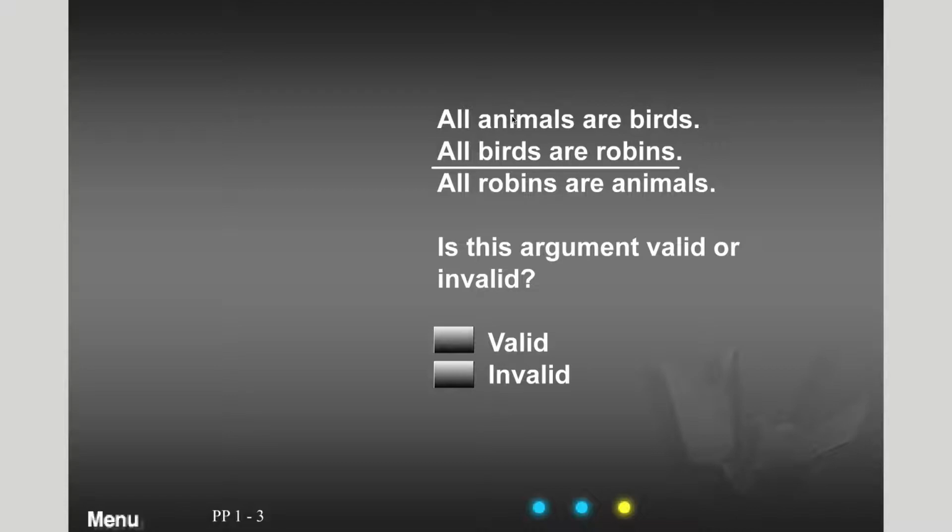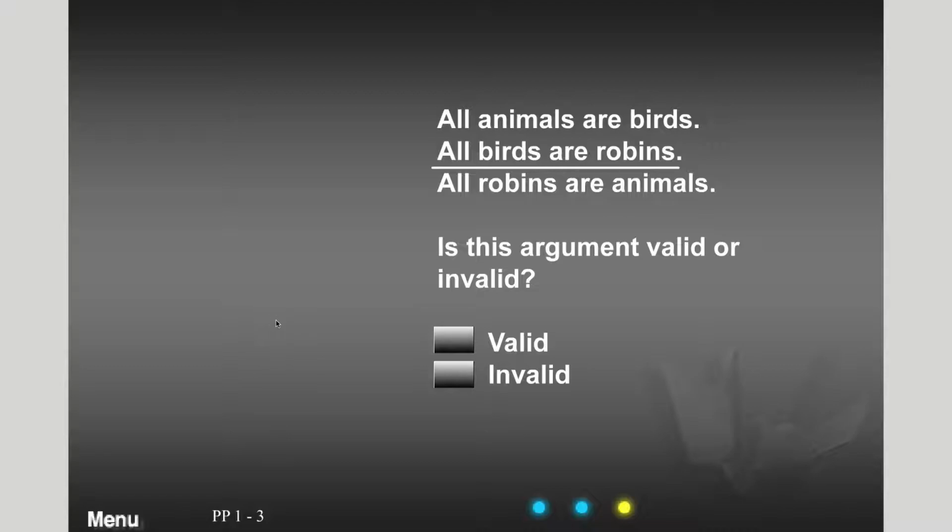Right? So again, this is about reasoning, which can be very difficult. But this is where it's good to break out a pen and paper and to draw out the circles. Draw out the circle where you say all animals are birds. Okay, so you start with animals and they fit in the bird circle. And then you say all birds are robins. So where do I put the birds or robins?